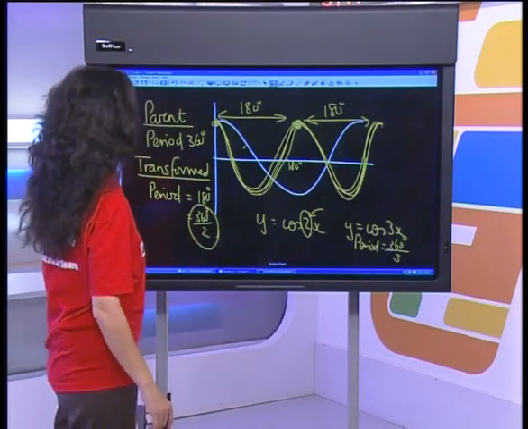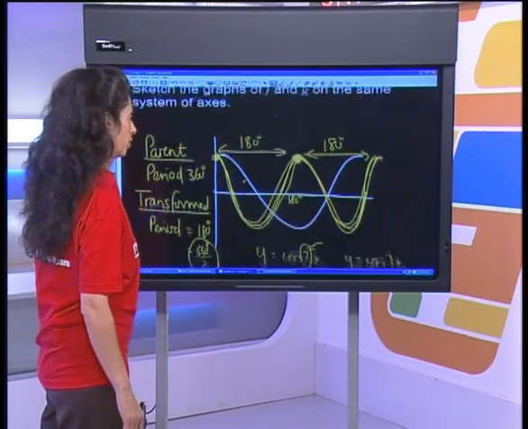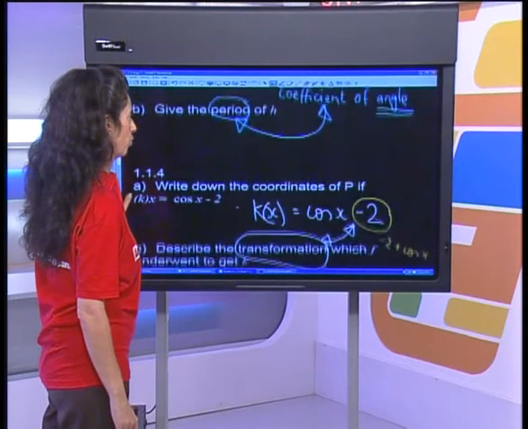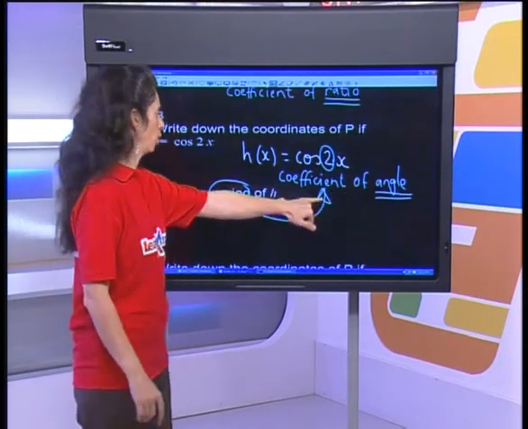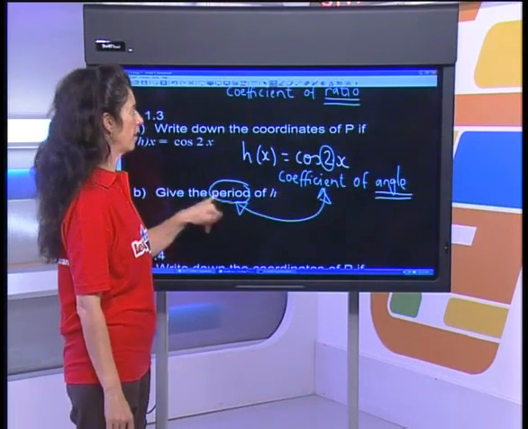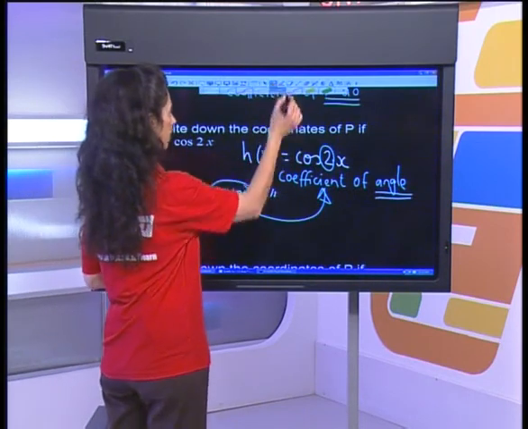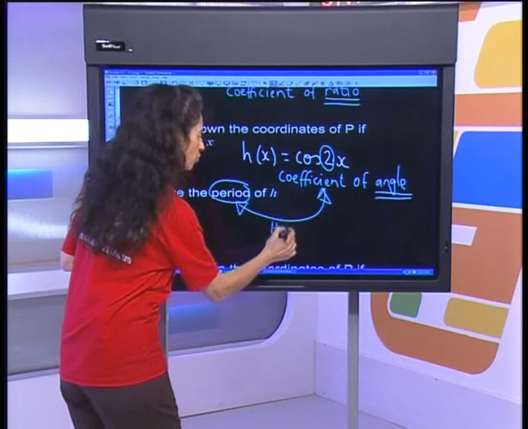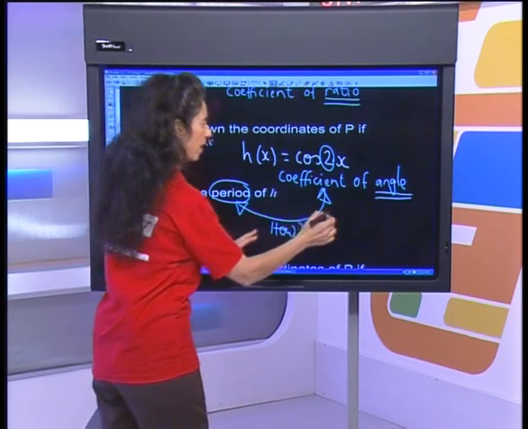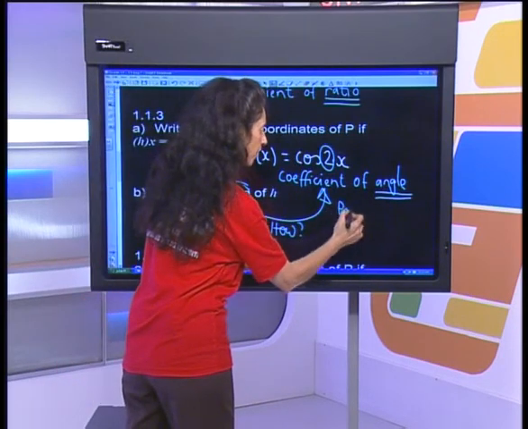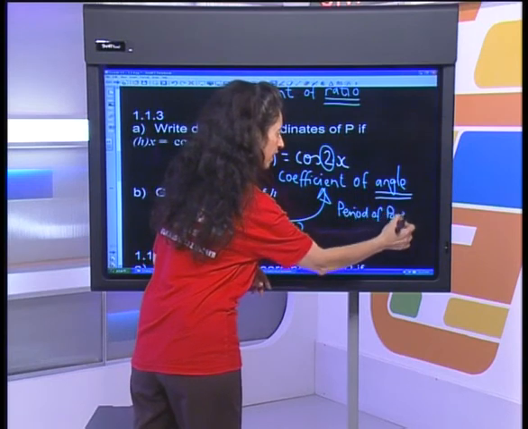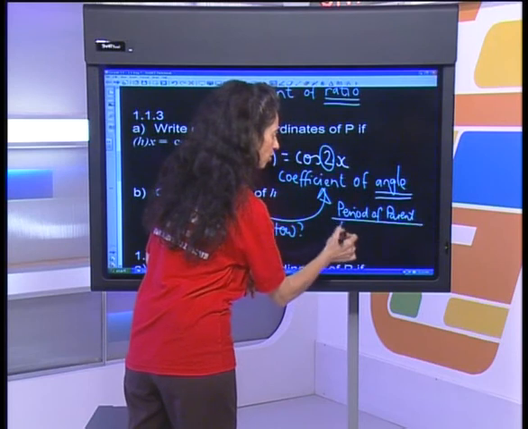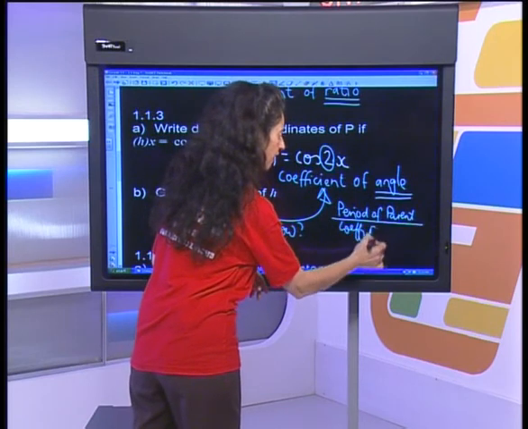Okay, so to go back to the question, the coefficient of the angle will affect the period. How will it do that? It will affect it by the period of the parent graph divided by the coefficient of the angle.